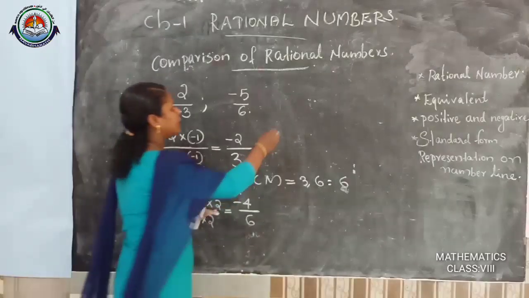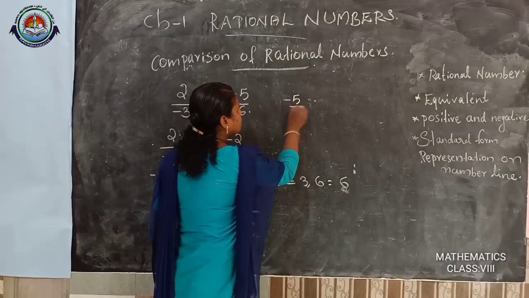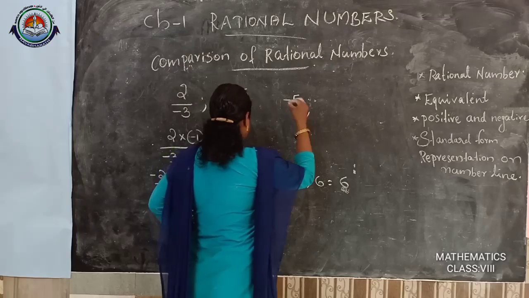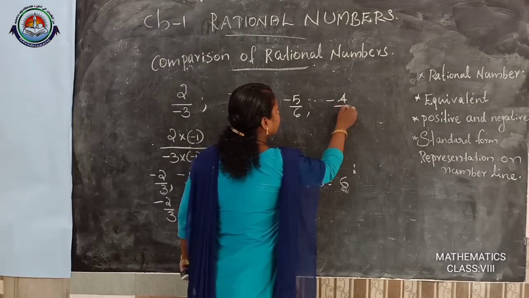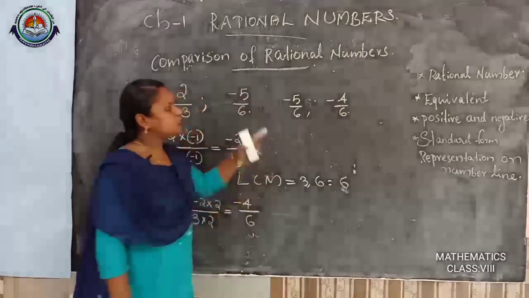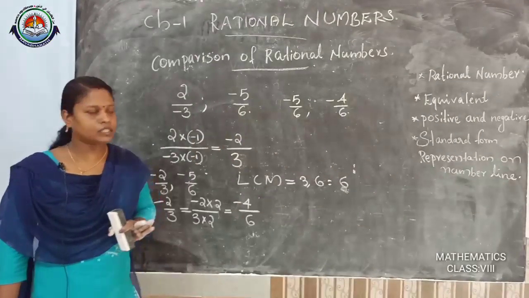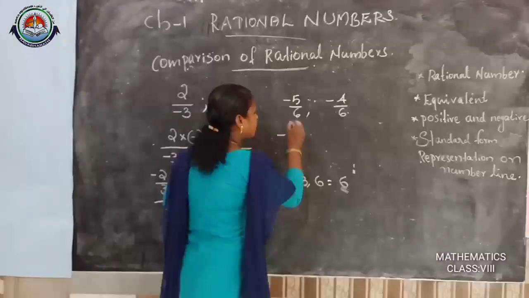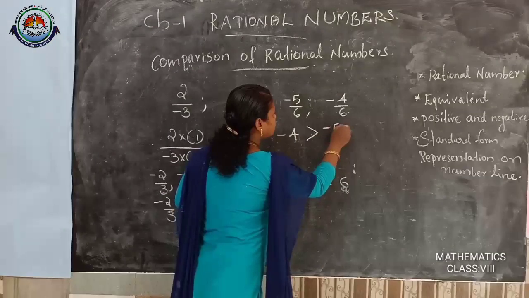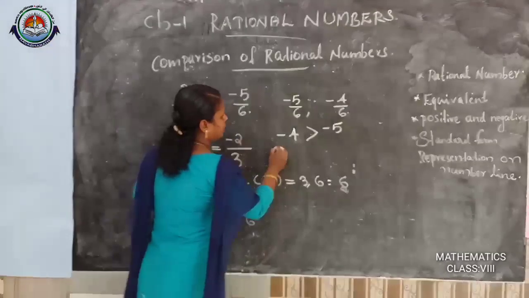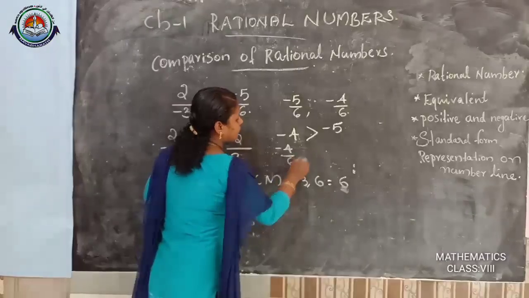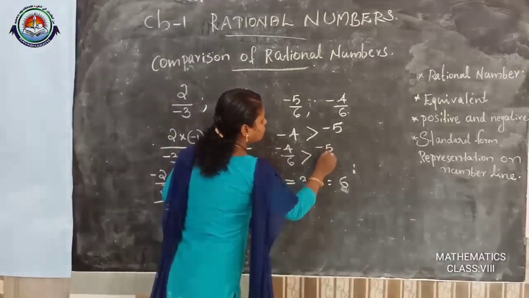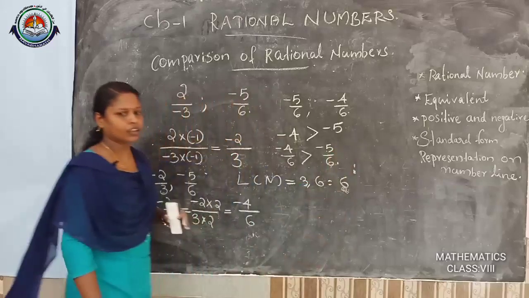Now we need to compare negative 5 by 6 and negative 4 by 6. Here negative 4 and negative 5, which is bigger? Negative 4. Since negative 4 is greater than negative 5, negative 4 by 6 is greater than negative 5 by 6.